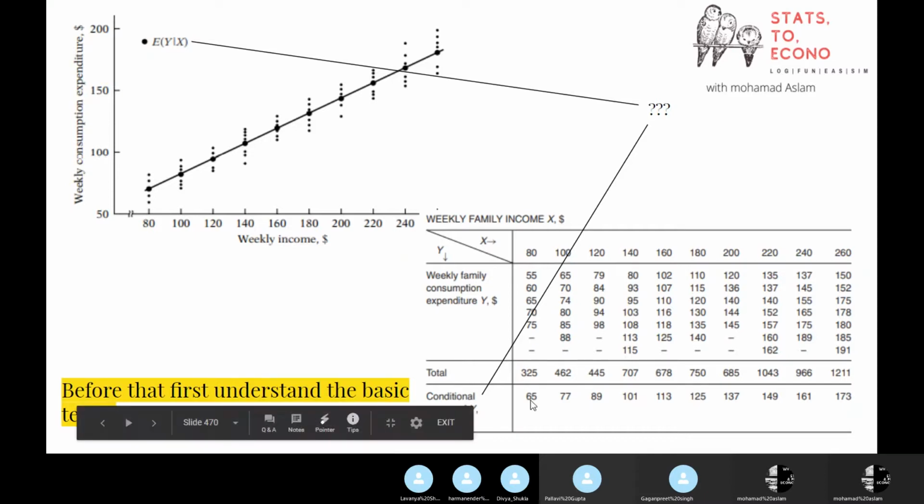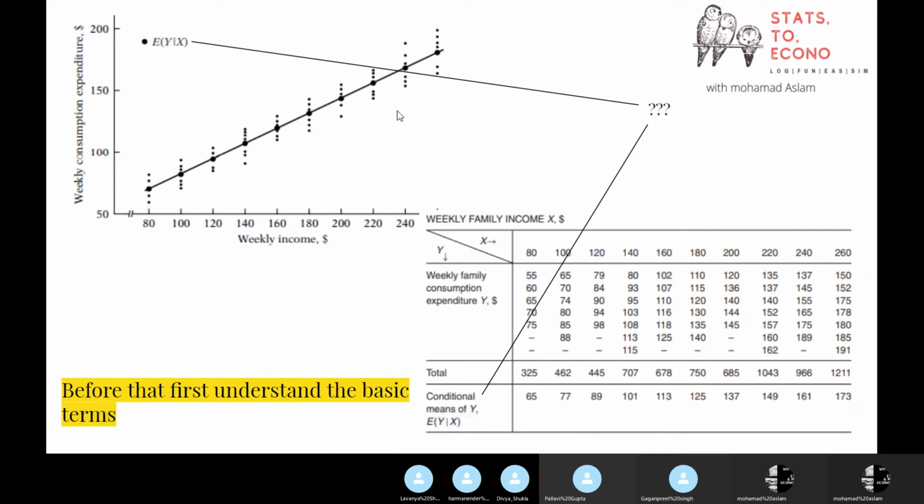The conditional or expected value of y is this: if you put the data into a linear equation, estimate the intercept and slope parameters, and then draw the line, that line gives our expected values of y. Why expected? Because it depends upon the parameters.